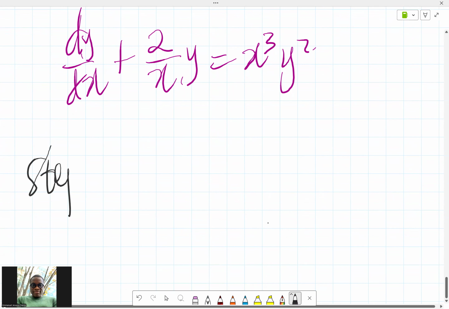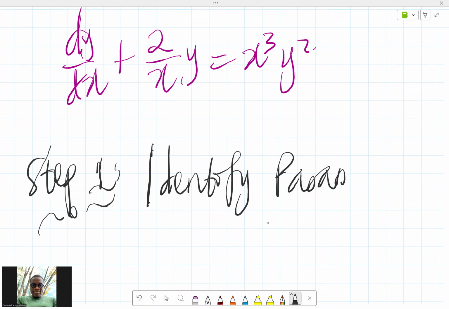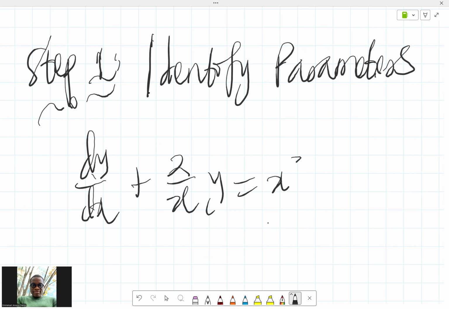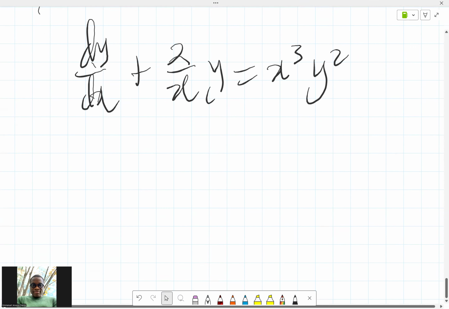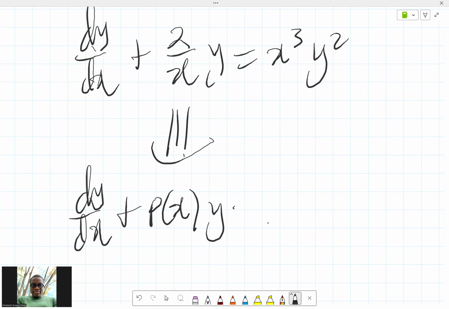The first step you want to take, step 1, because of the modification we've done before, is to identify the parameters based on the standard form. So here you have dy/dx plus 2 over x times y equals x cubed y squared. If you compare this with the standard, which is dy/dx plus p of x times y equals q of x times y raised to the power n, what do we have?